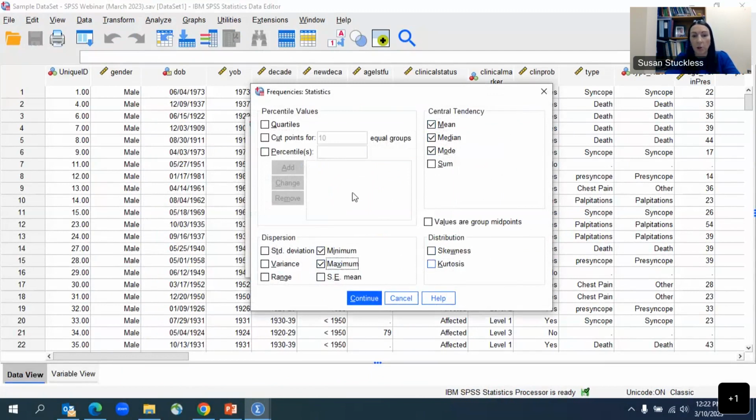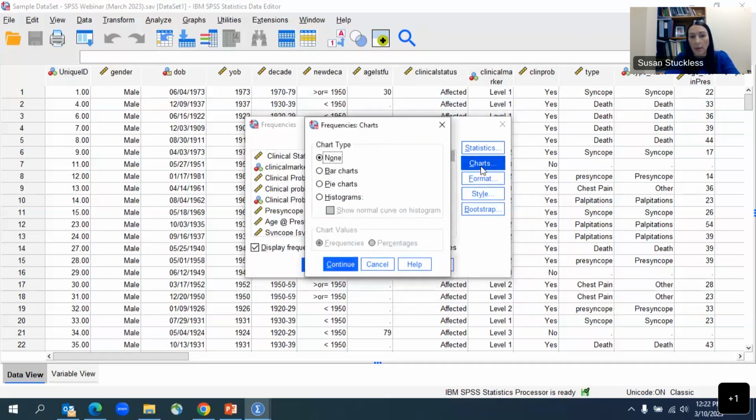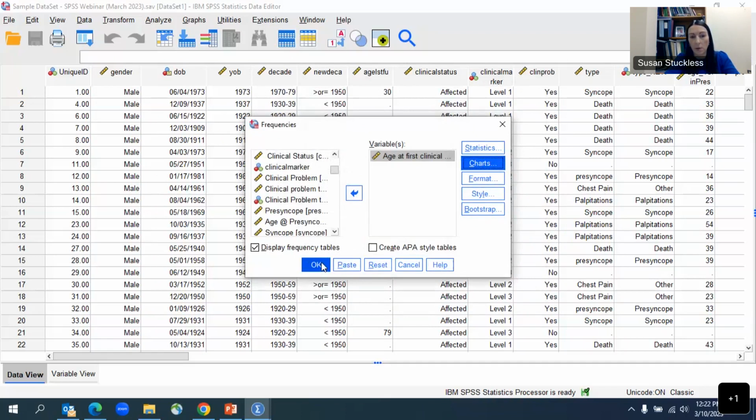I'm going to leave skewness and kurtosis for when I talk about normality, and maybe pick percentiles or quartiles. Continue. And maybe I'll pick a histogram chart for this. Continue and OK.